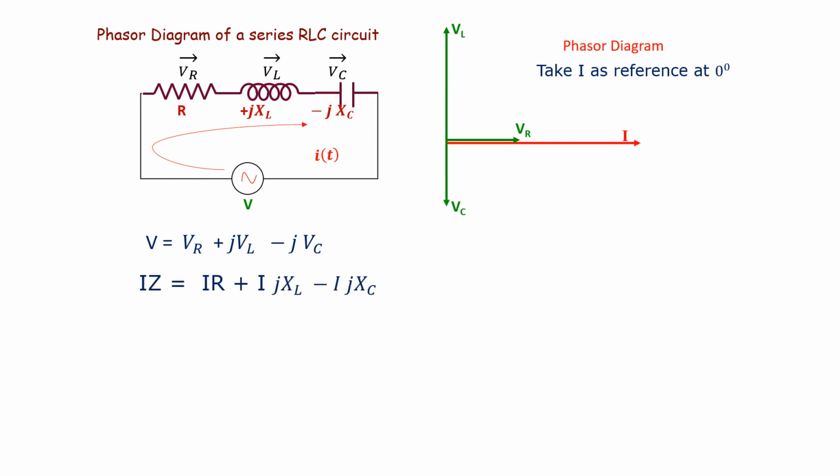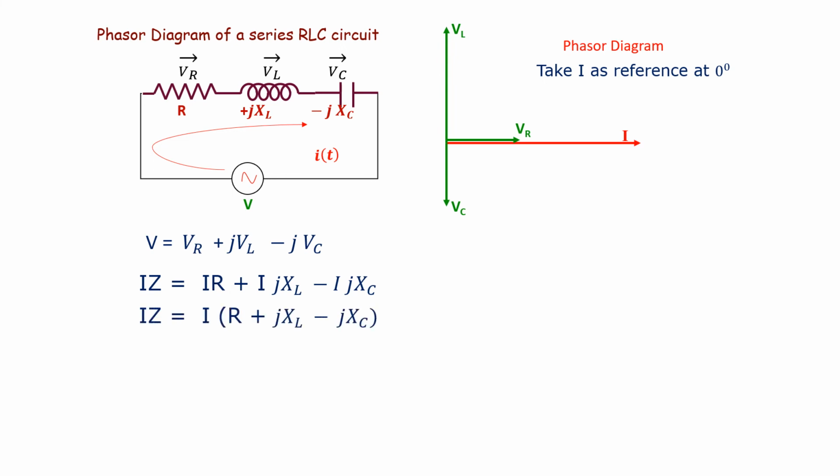Now let us write the total voltage V as I into Z. That will be equal to, in the case of resistance, VR is equal to IR as per Ohm's law. Then for VL, we can write I into XL. For VC, we can write I into XC.